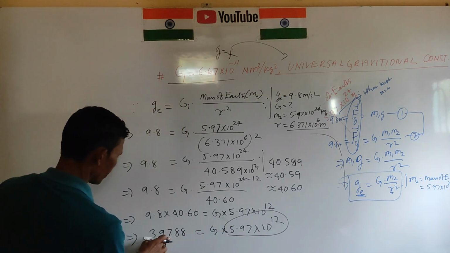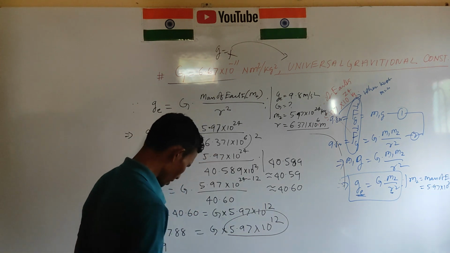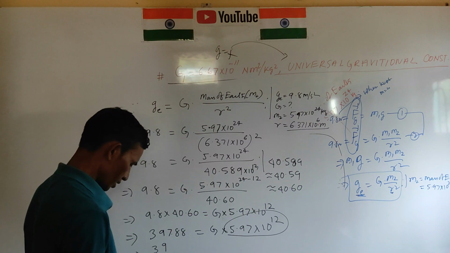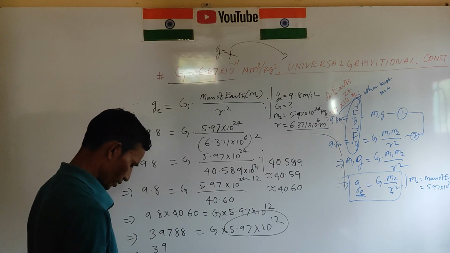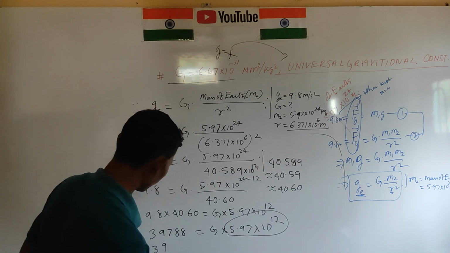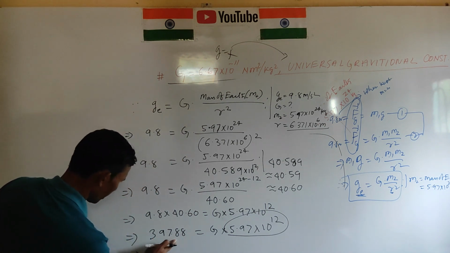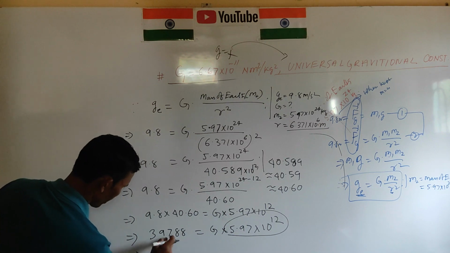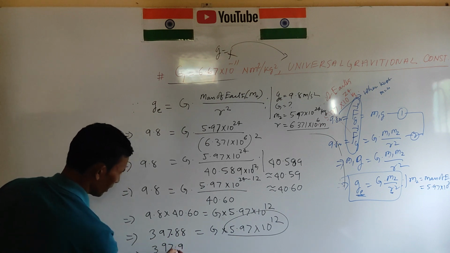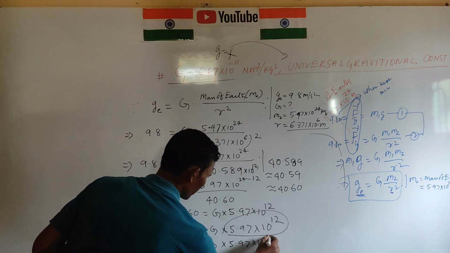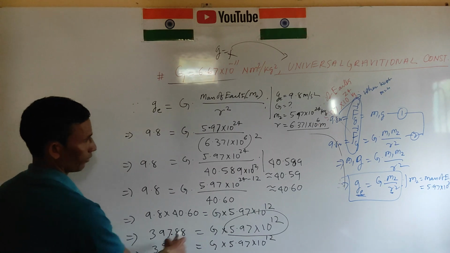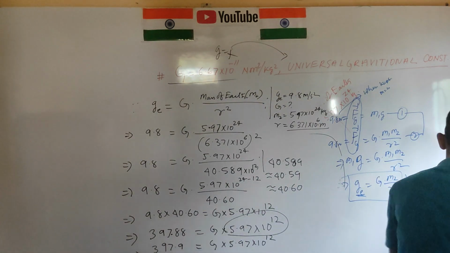39788, you can say that is approximately 398 divided by 5.97, which is approximately equal to 8.